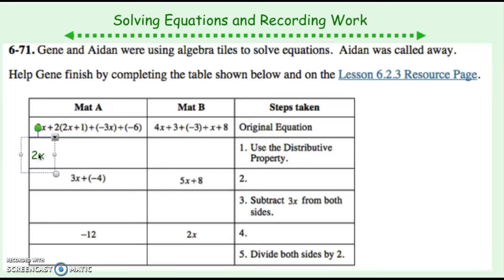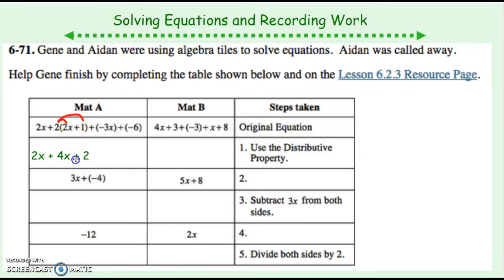So I'm going to rewrite 2x plus 2 times 2x would be 4x plus 2 times 1 is 2. So I want to make sure that makes sense. The distributive property means I distribute what's outside the parentheses on the inside. So I do 2 times 2x plus 2 times 1.